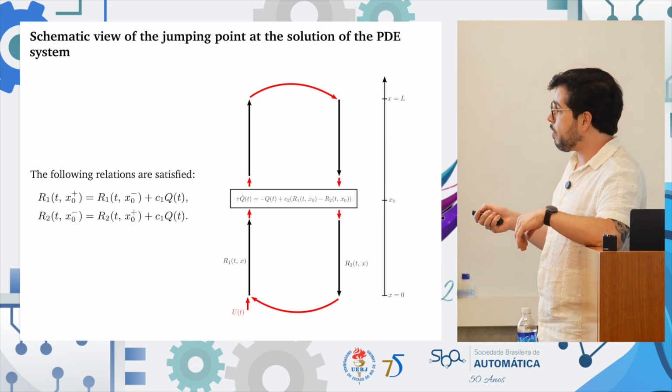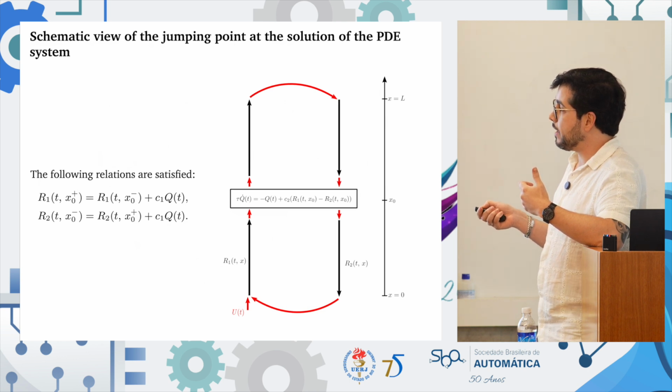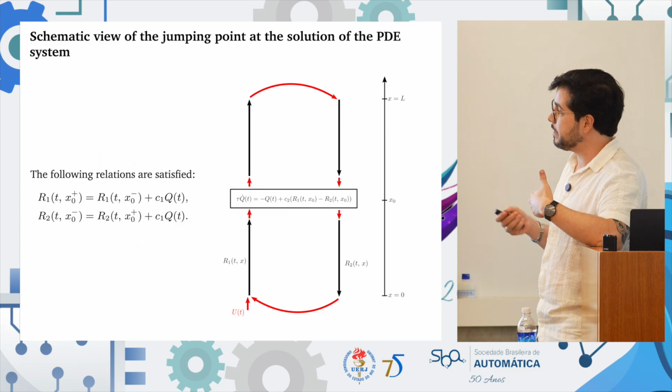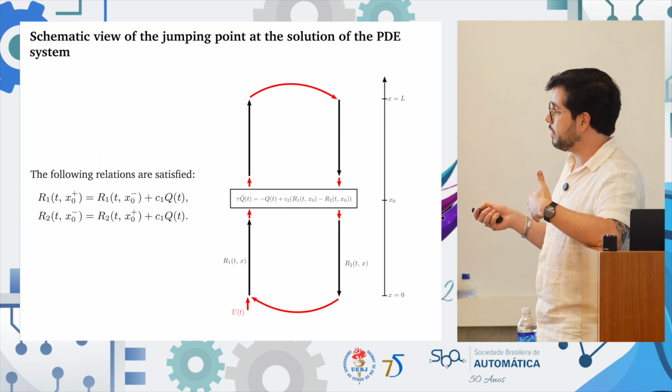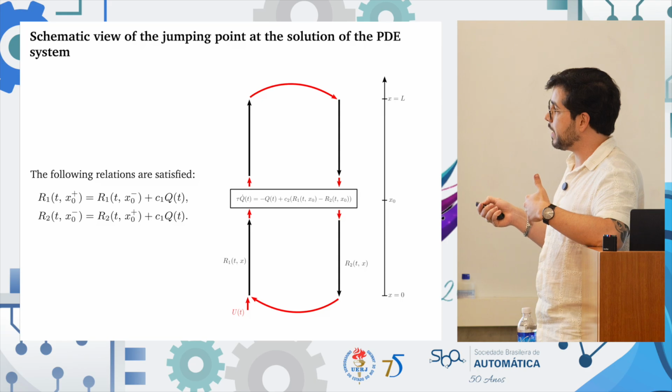But at this point where we have this heat release dynamics, there is a discontinuity. So the value of the state at this point is increased by this quantity here. And then after passing the heating point, the information propagates constant along the domain and is reflected at the boundary to the other state.